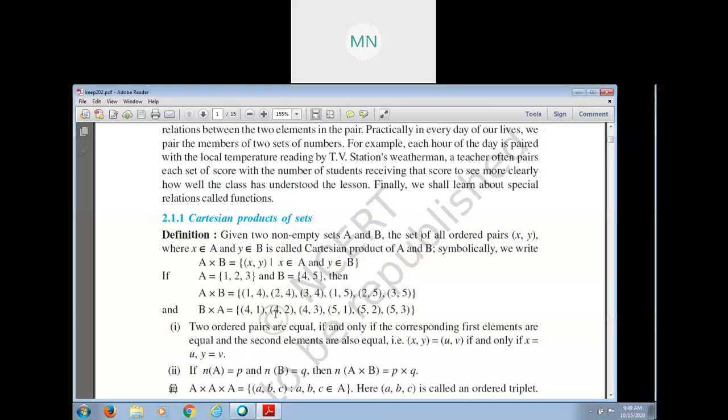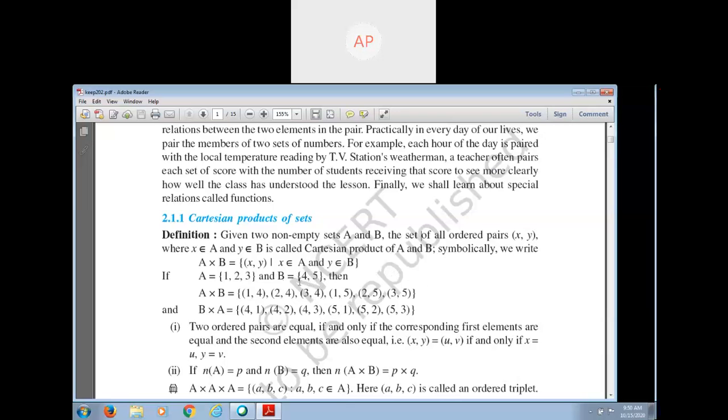Similarly, we can form B cross A. When we write B cross A, first you have to choose the element from the second set, so we start from B. The first element of B is 4.